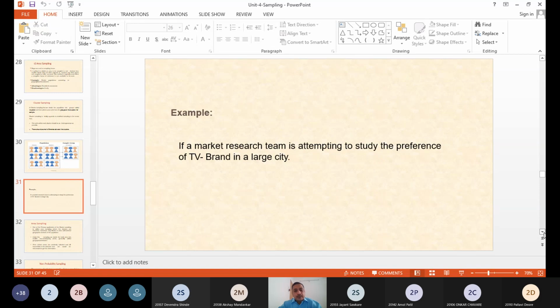He will select some of these clusters and conduct the survey to understand the preference of TV brands in that city. So he will divide the city into different areas, and from these areas he will select a few areas for the study of TV brands in that particular city. Have you understood this example? Yes, sir.